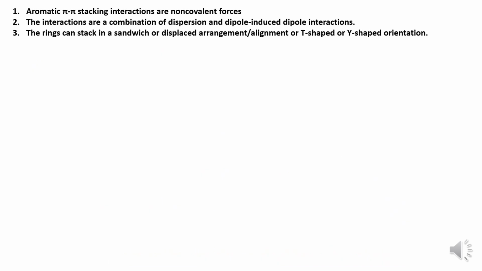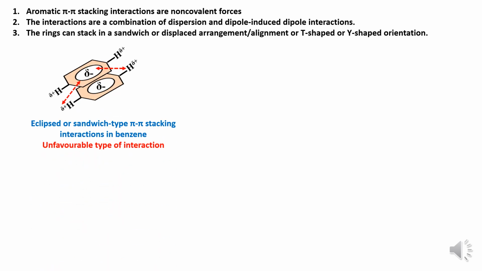Now the aromatic pi-pi stacking interactions are non-covalent forces, and the interactions are a combination of dispersion and dipole-induced dipole interactions. The rings can stack in four different ways. They can stack in a sandwiched or displaced arrangement. The major drawback in the sandwich type of interaction is that there is face-to-face interaction of the electron clouds, and as the electron clouds are negatively charged, they tend to repel each other.